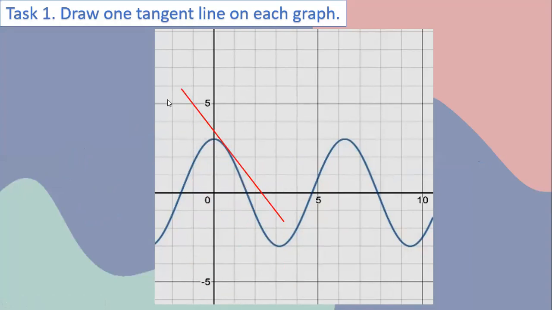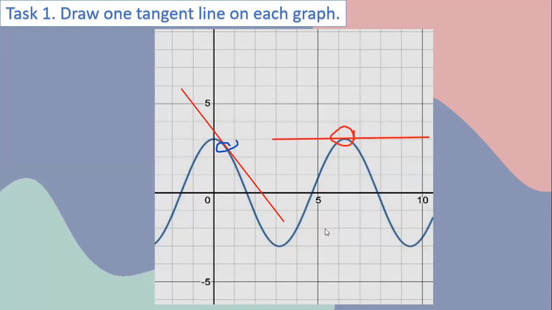So the line touches only one point of the curve. So pwede ring, the line goes that way, a horizontal line which touches the graph at this point. So that is for the tangent line.